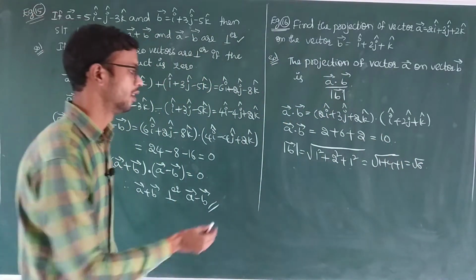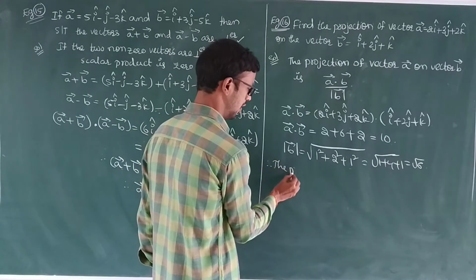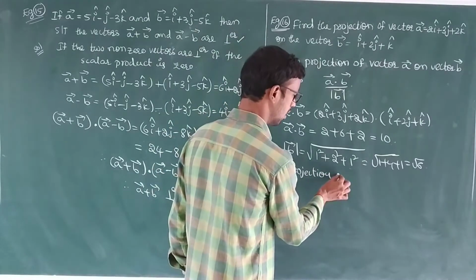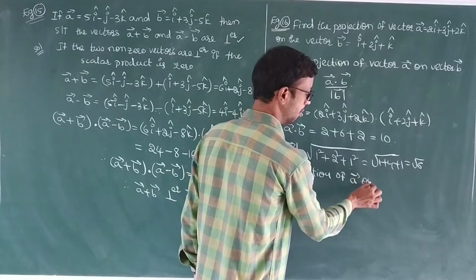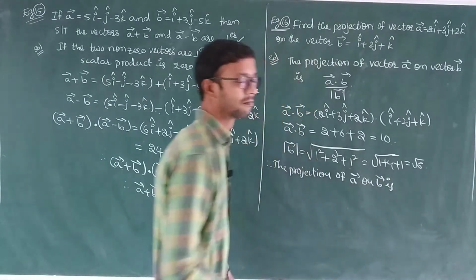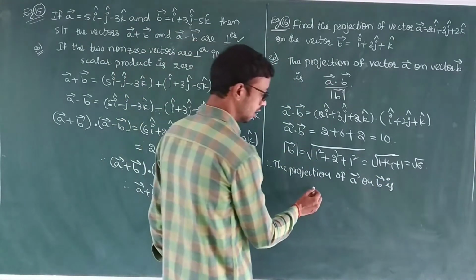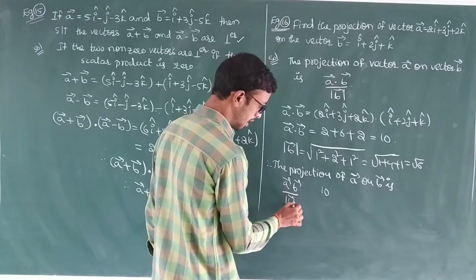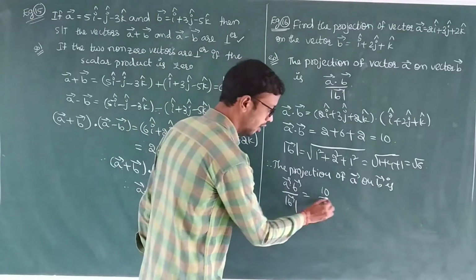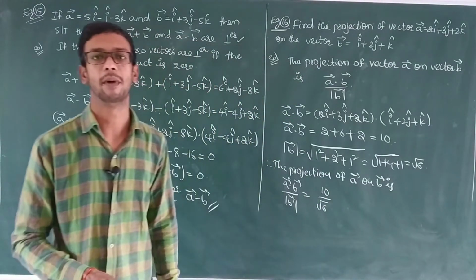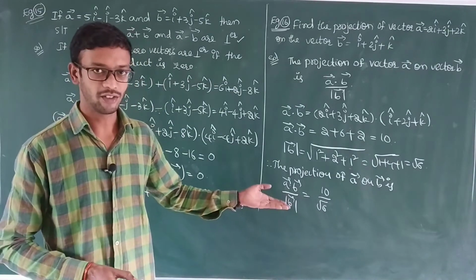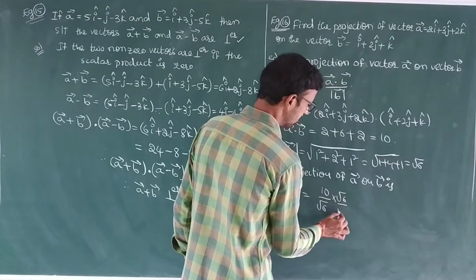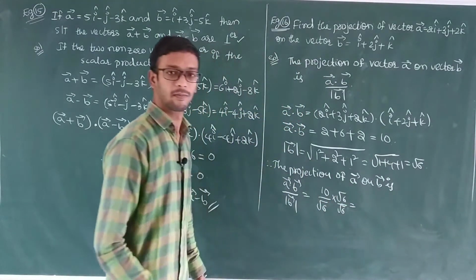Therefore, the projection of A bar on B bar, just substituting in that formula, A bar dot B bar by magnitude of B bar, is equal to 10 by root 6. If you need more simplification, we can make the simplification here. Multiply and divide with root 6. How much do you get?